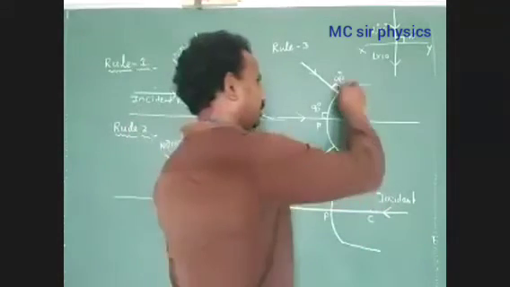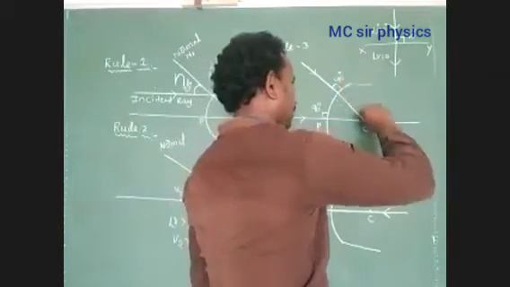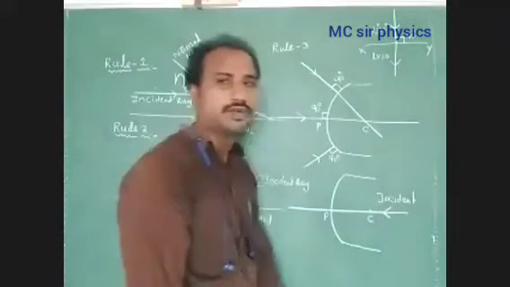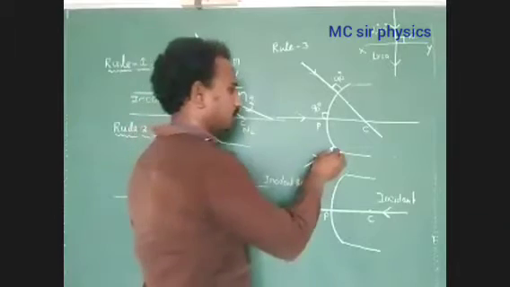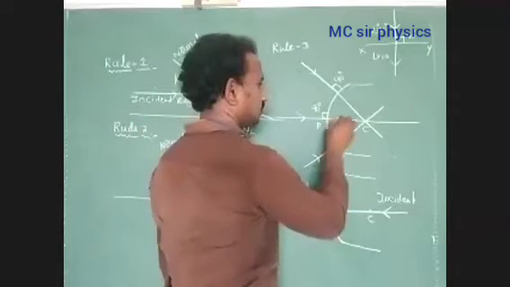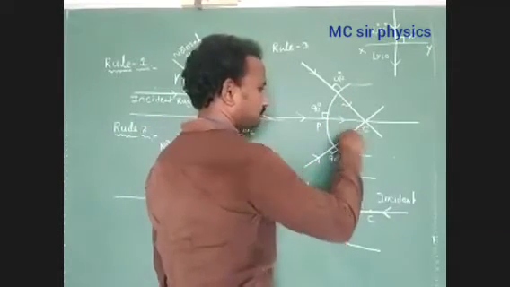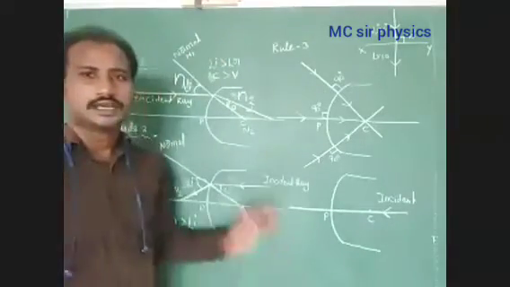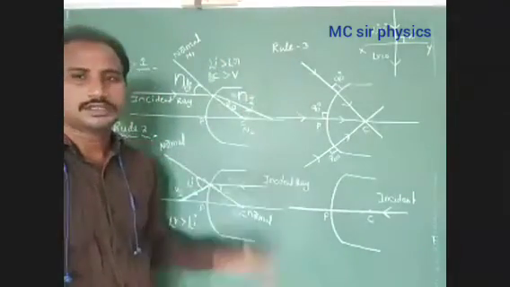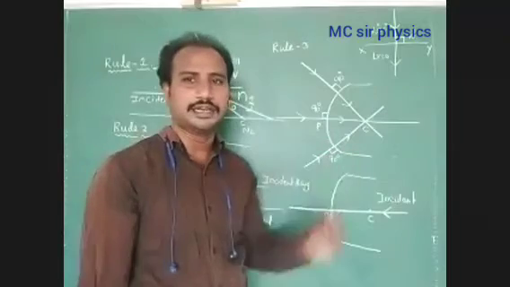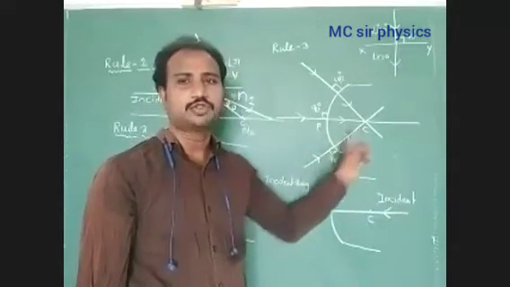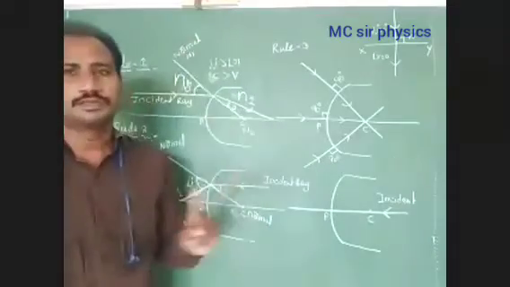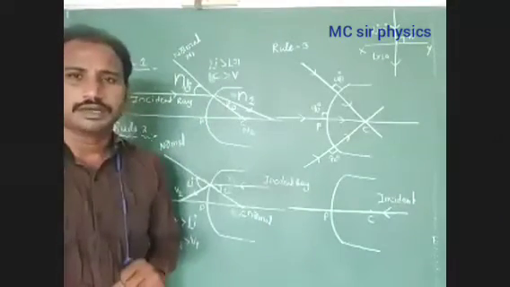The refracted ray is passing through the center of curvature in 3 conditions. When the incident ray is perpendicular to the curved surface, the refracted ray does not deviate in the denser optical medium. It follows the actual path of the incident ray. This point is very, very important.